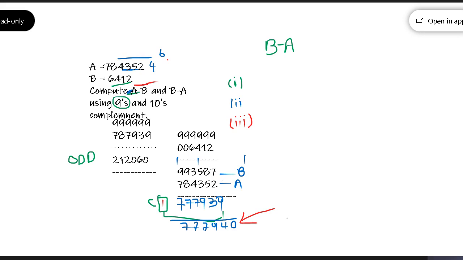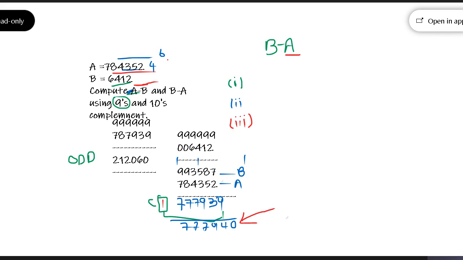So same again, I'm going to do B minus A. B minus A means I first do the 9's complement of A. As I know that A is already here, having 7, 8, 4, 3, 5, 2, a big number, I don't need to add any zeros. I just need to subtract.